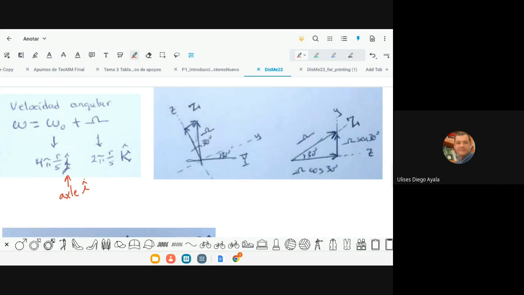La mayúscula y la minúscula hace la diferencia. That's why what you need to do is convert this to these axles, and you convert one of them to the other. Since we are working on the motor, let's put everything in the axle of the motor. The question is the velocity of A.